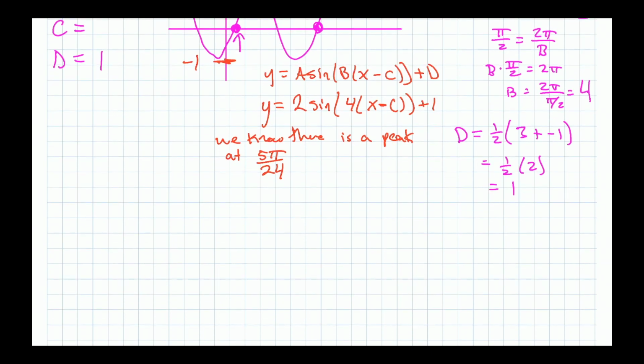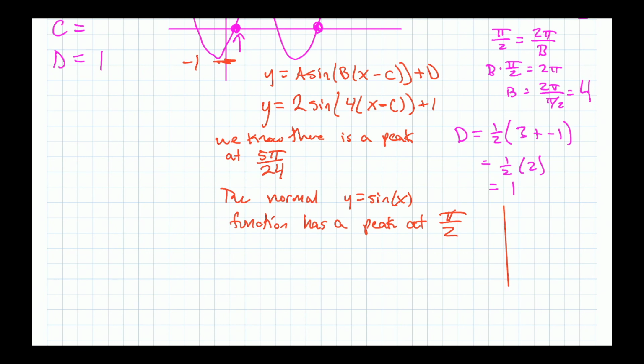Now the normal sine function, like y equals sine x function, has a peak at pi over 2, right? Because the original sine function that gives you this graph looks like this, and this is pi and this is pi over 2. That's on the original one. So the original one has a peak right there at pi over 2.